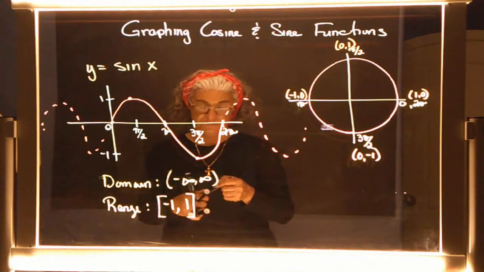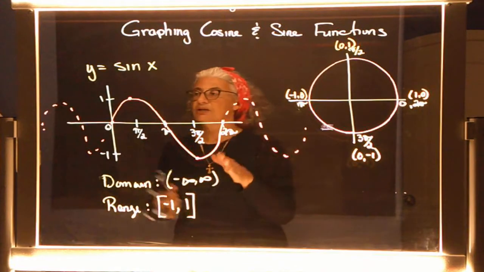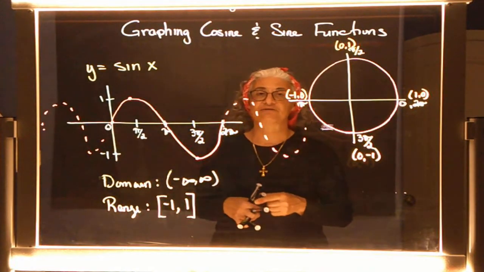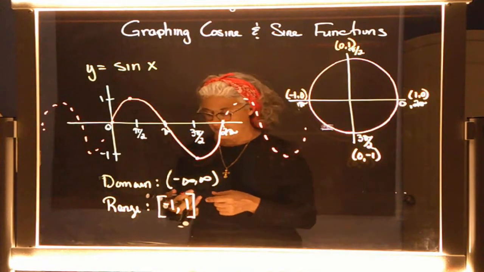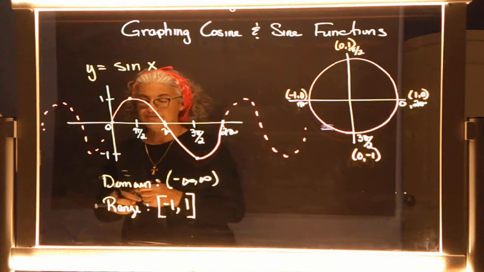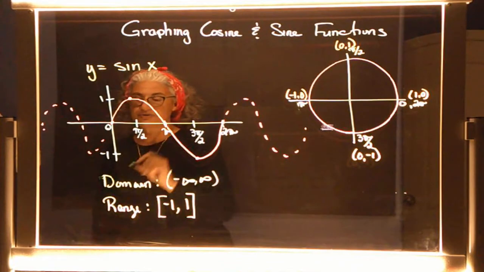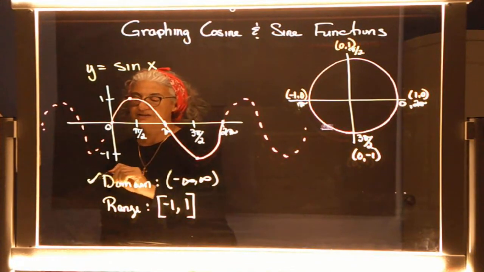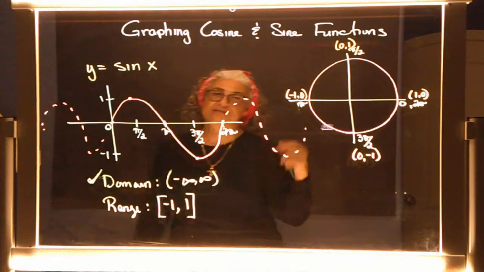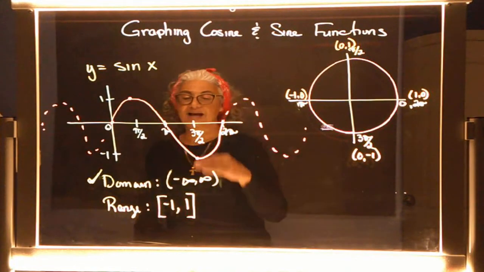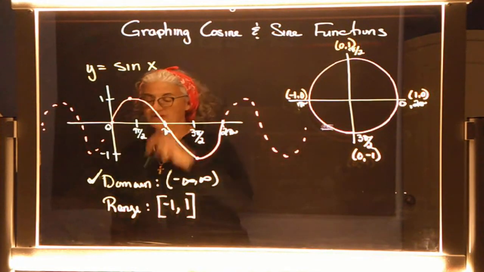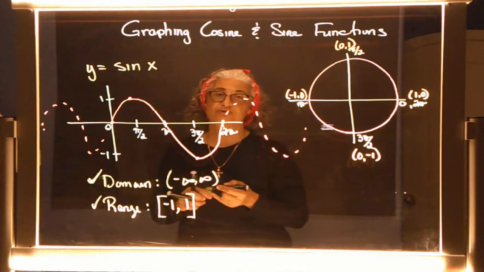Cool? Okay, so let's look at the domain of the sine graph. What do you think the domain is? Yep, it's the exact same domain we had for the cosine graph. Negative infinity to positive infinity. It's the exact same domain. What do you think the range is? Yeah, bottoms out at -1, tops out at +1, exact same range.